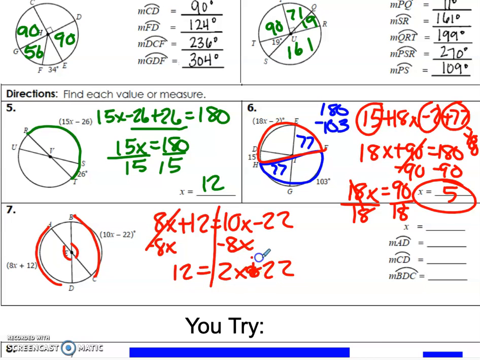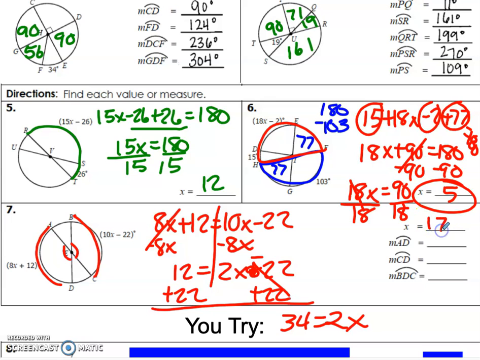That's a minus actually. Add 22 to both sides. 34 is going to equal 2x. When you divide by 2, you should get 17. All right, so now if I'm trying to find the measures, AD, I'm going to substitute in 17 into your equation. So 8 times 17 plus 12. When you substitute in, you're going to get 148.